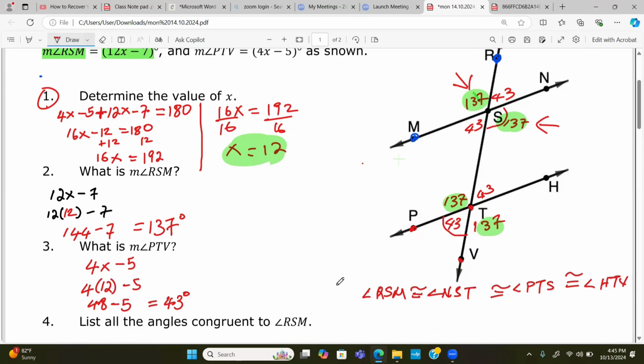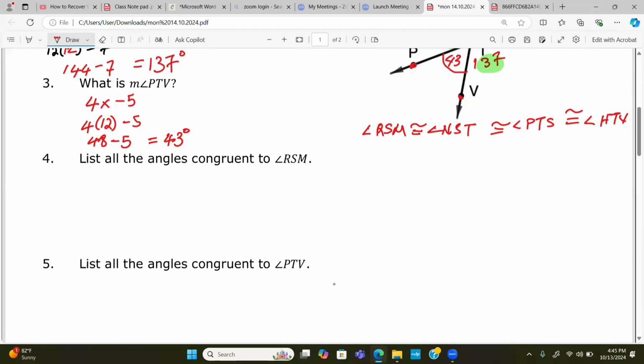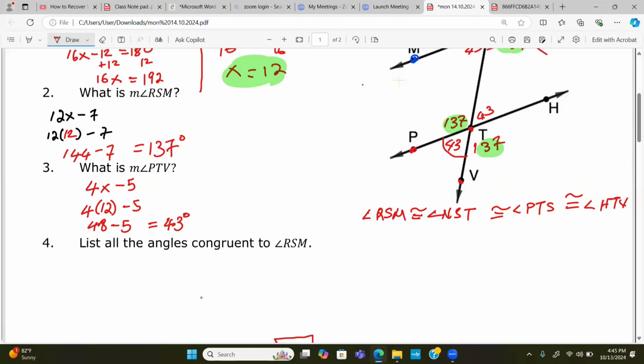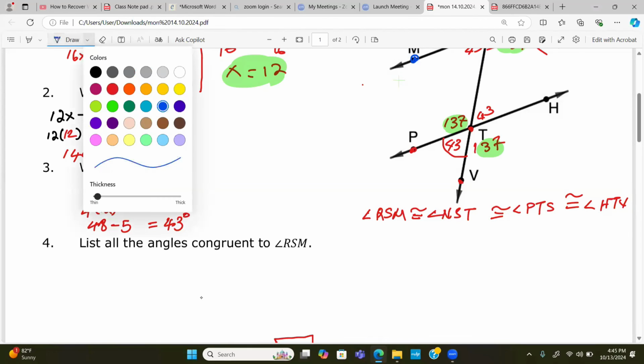Now, the next question is asking us to give the angles that are congruent to PTV. PTV is the 43 here. Let me put this in blue. We want the angles that are congruent to this.